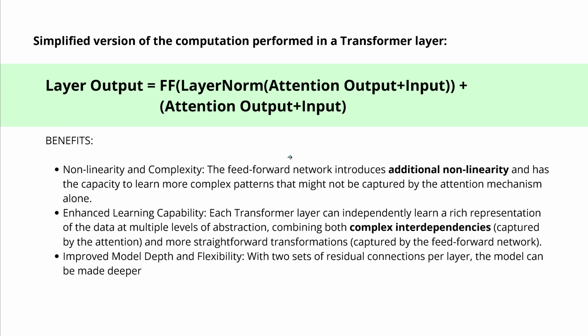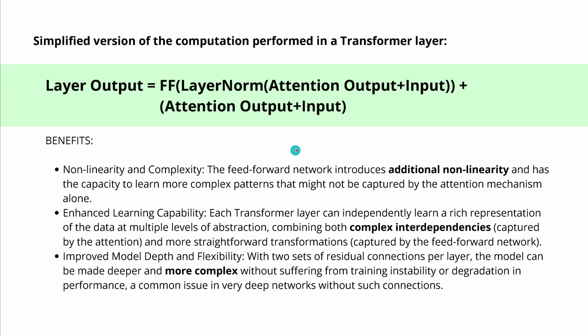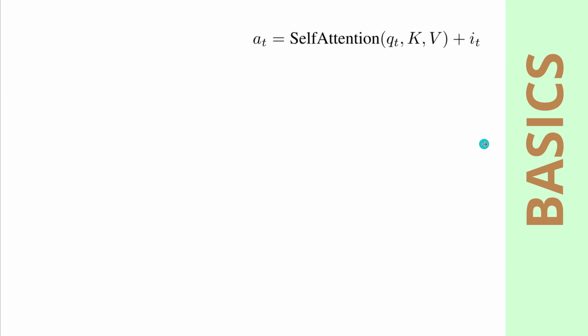The benefit of this particular layer output is that it introduces some additional nonlinearity to learn more complex patterns, has an enhanced learning capability, and we can handle more complex tasks. Now I know some of my subscribers already asked me why we put an additional term here if we calculate the self-attention?